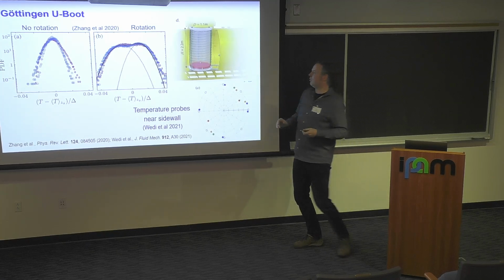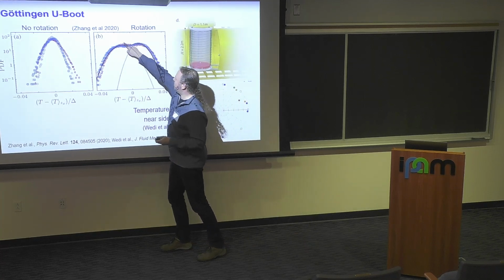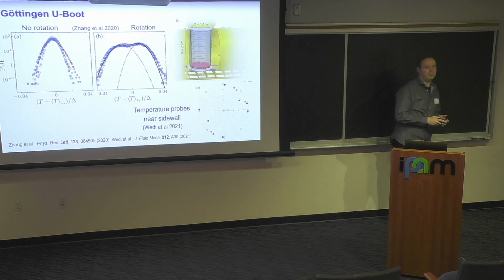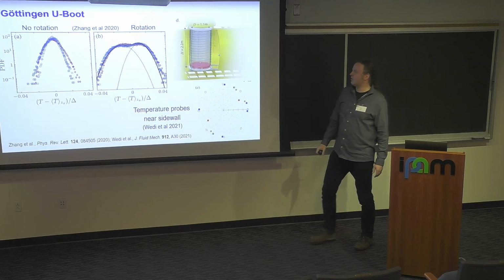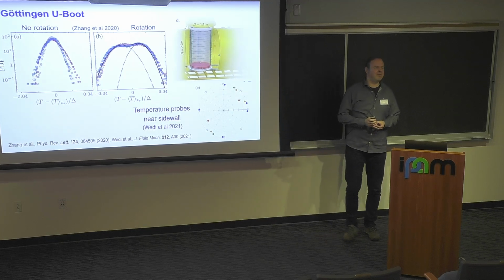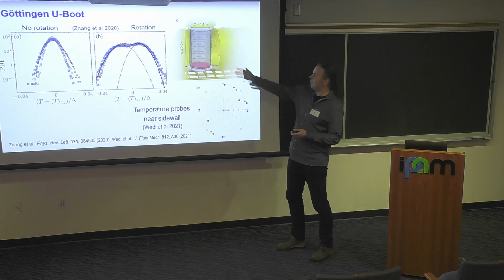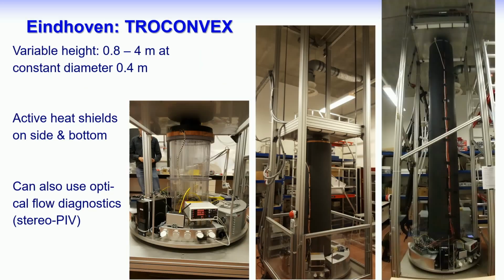But then, after adding rotation, there's this funny bimodal distribution, and they couldn't really figure out what it was. And poor Dennis van Gils spent quite a bit of time thinking about it, and this never got really resolved up to around 2020.